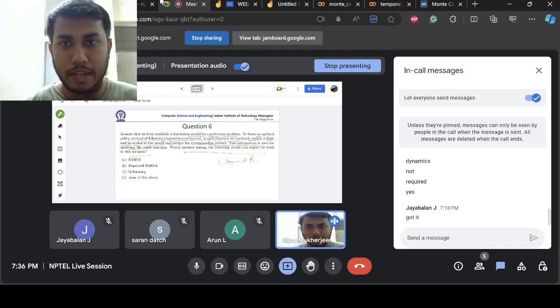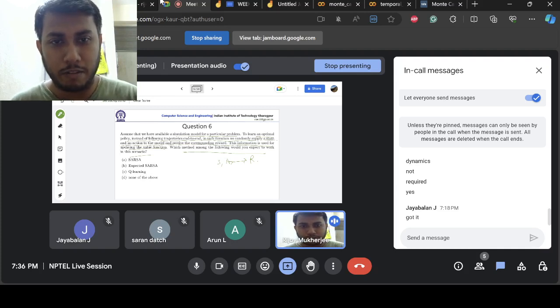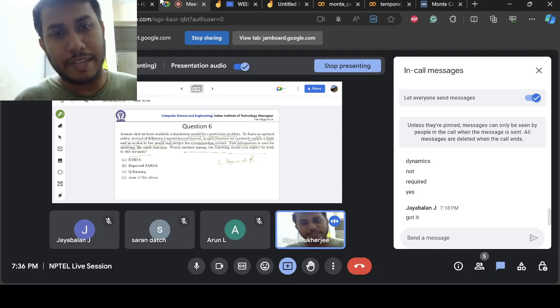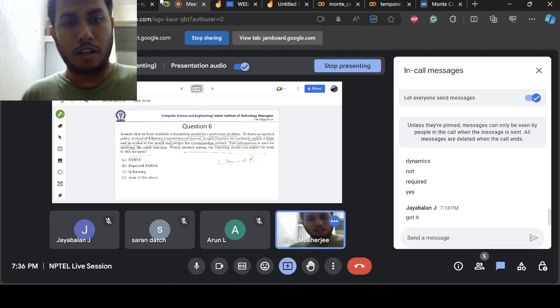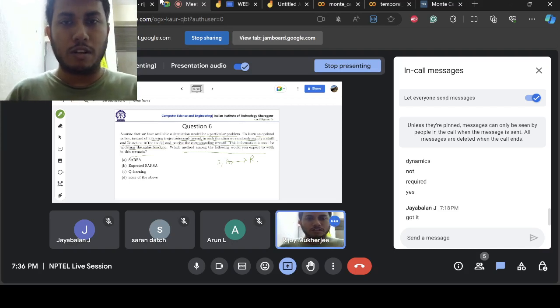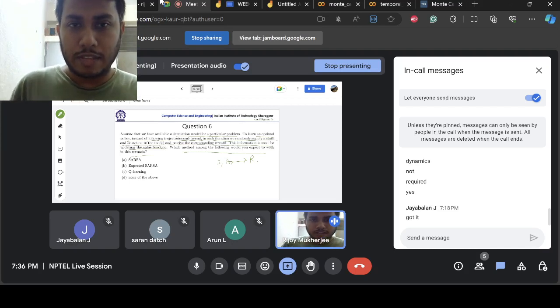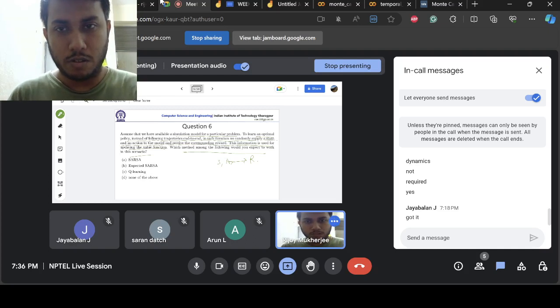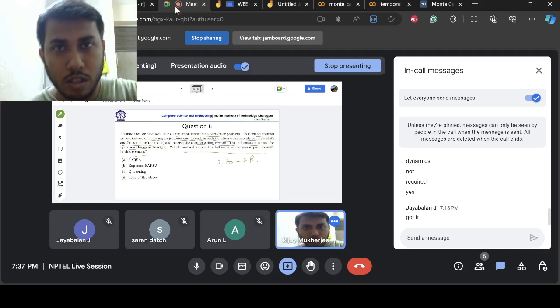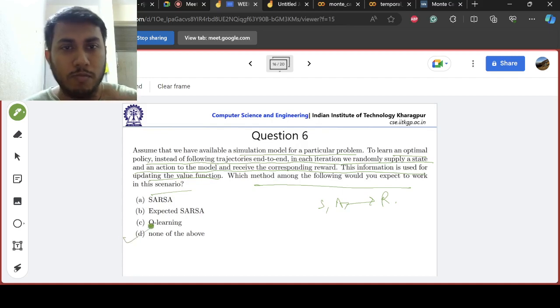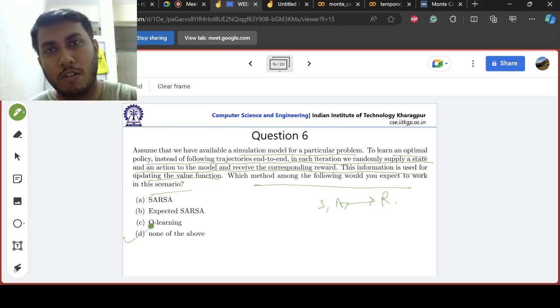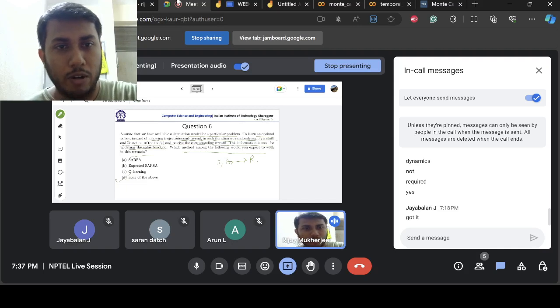So expected sarsa, Q learning all require the next state, because you need to calculate the Q of S dash A dash, or max Q of S dash, or the expectation, right? So in all of the three, you require the next state information. Otherwise, you cannot proceed. So the answer will be none of the above, because obviously you need the next state information. Only reward will not be able to help you.